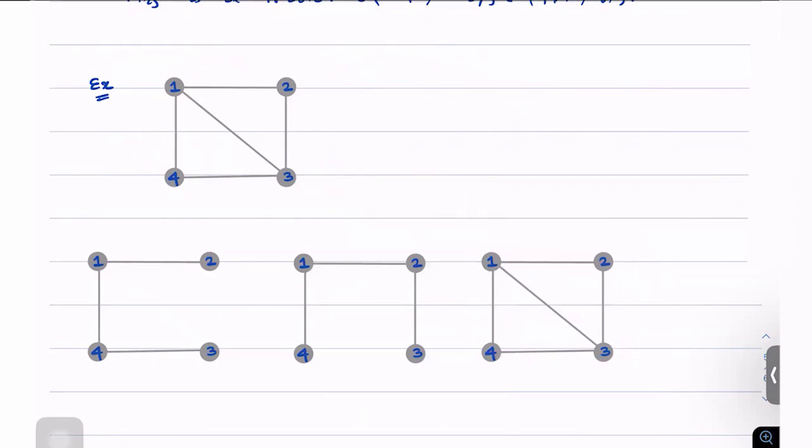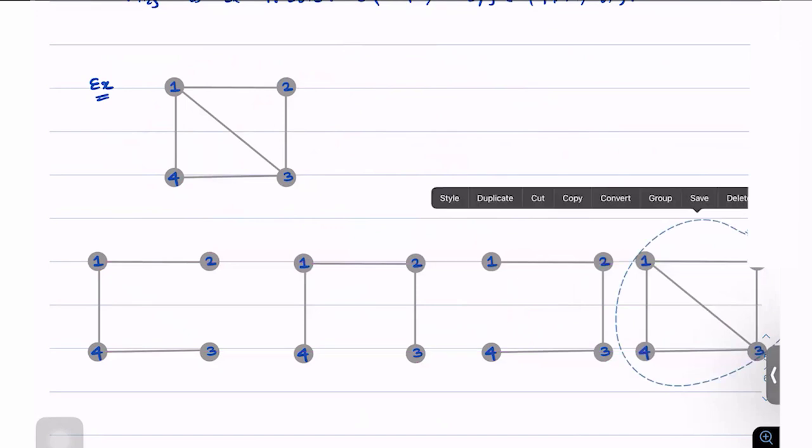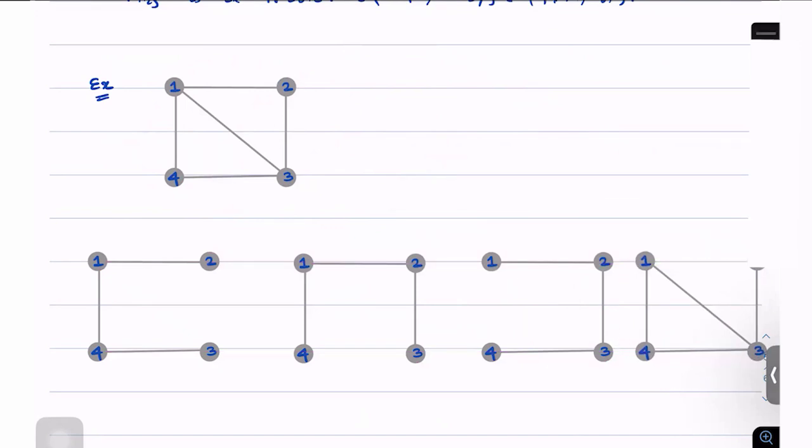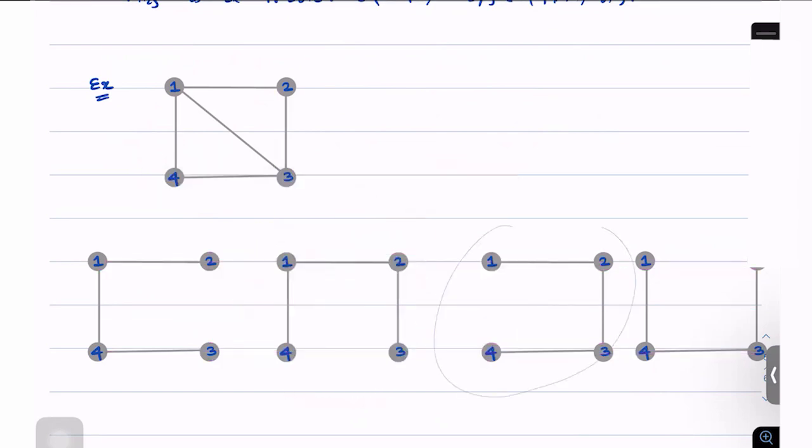There can be 4 different combinations. The other one would be this. And there could be one more like this, which is simply this. So we see that there are 4 kinds of spanning trees that we have drawn here.